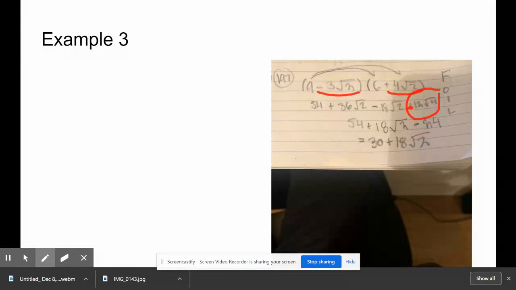Negative 12 times 2 is negative 24. 54 minus 24 is 30, plus our 18 root 2, which we cannot combine anymore. There's nothing left for us to combine. So this is what we have left as our answer for our multiplication of radical expressions.